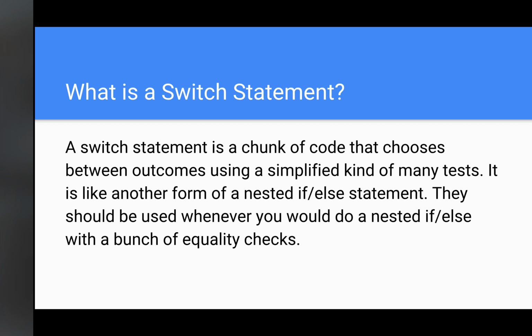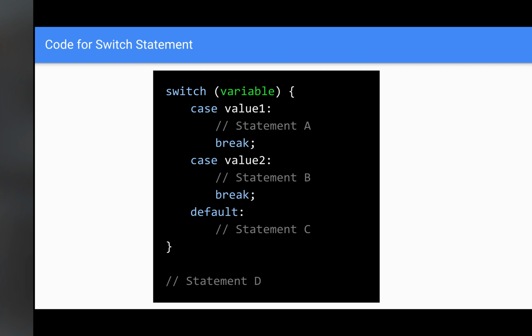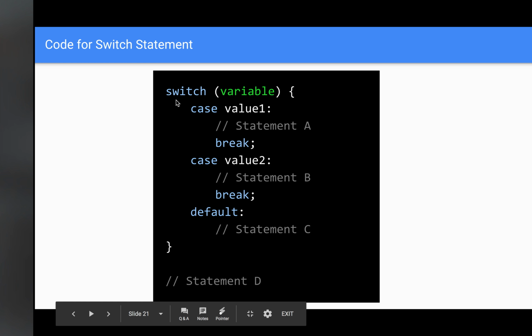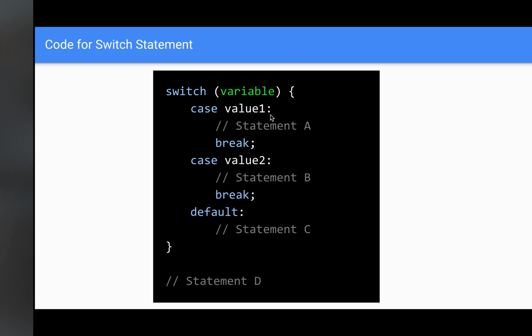Switch statements. What is a switch statement? A switch statement is a chunk of code that chooses between outcomes using a simplified kind of mini-tests. It's like another form of a nested if-else. They should be used whenever you would do a nested if-else with a bunch of equality checks. So here's an example. You have switch variable, and then case value 1, colon, statement A, and then break, case value 2.